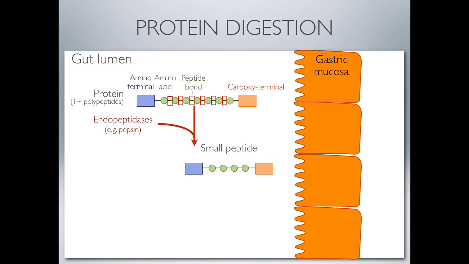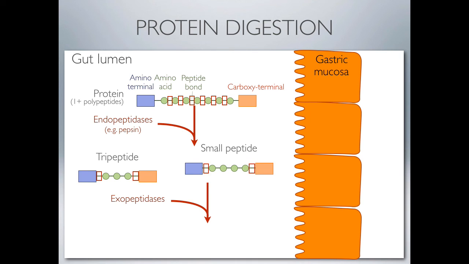And if you got 3 amino acids in the middle, you call it a tripeptide. And then if you cleave the bonds that are connected to the amino or carboxy terminal, then your enzyme is called an exopeptidase. So endopeptidases include also trypsin in addition to pepsin, whereas exopeptidases are things like carboxypeptidases.